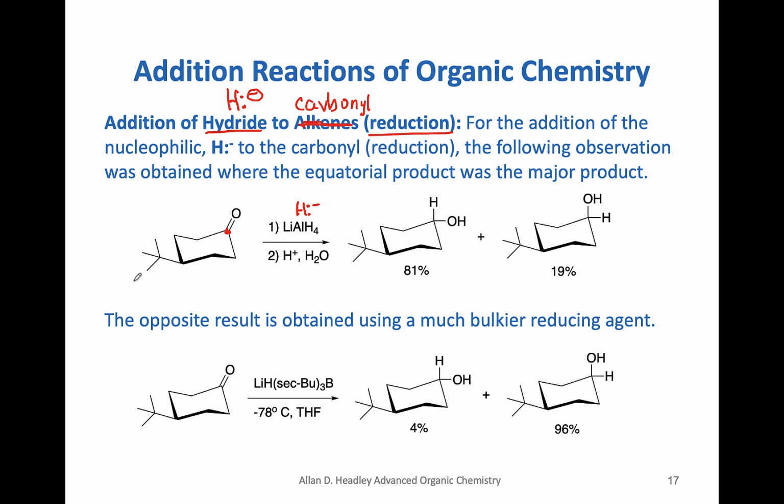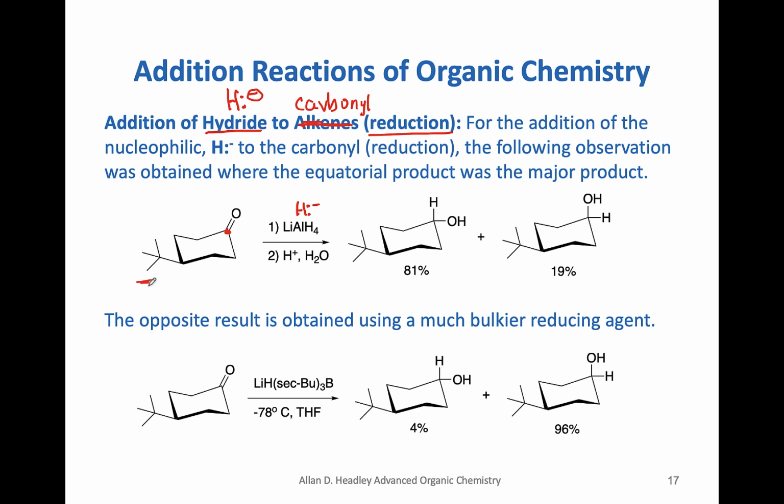Notice that they put here a tert-butyl, a large group, in the equatorial position. Why? Because it tends to maintain the integrity of this conformer. Remember, we did conformations when we started earlier in the course.